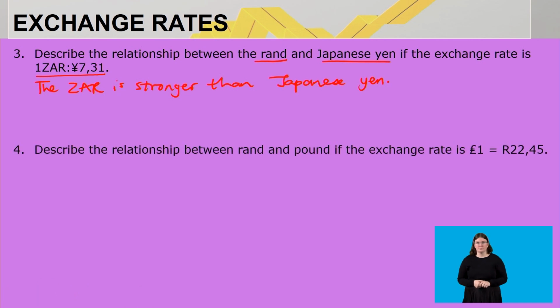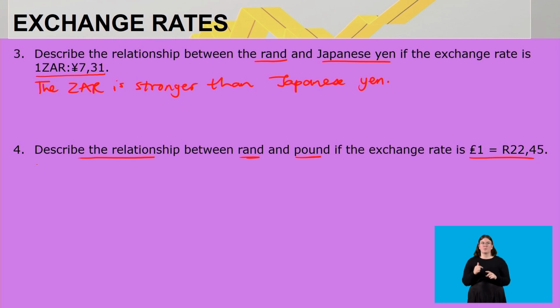Question number 4. Describe the relationship. Again, we have to describe, write in words, between the rand and the pound. If the exchange rate is 1 pound equals 22 rand and 45 cents. In this case, we can see, just by looking at the exchange rate there, that the pound is stronger, right, than the South African rand.